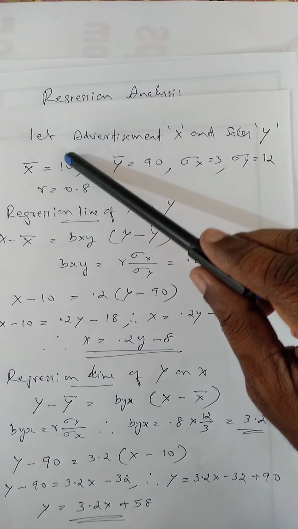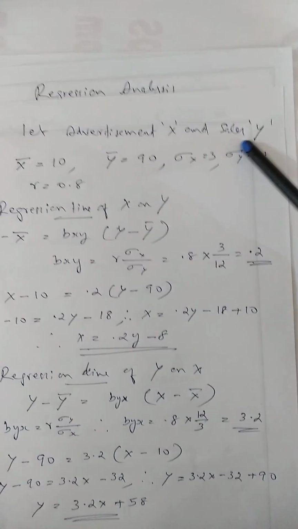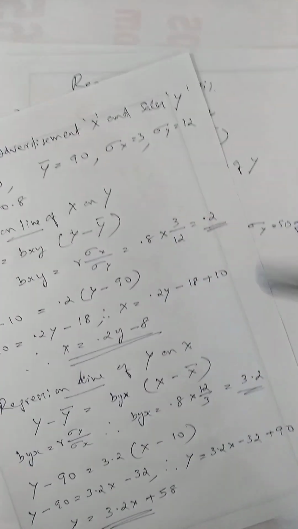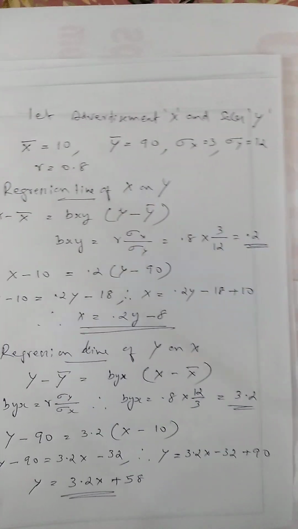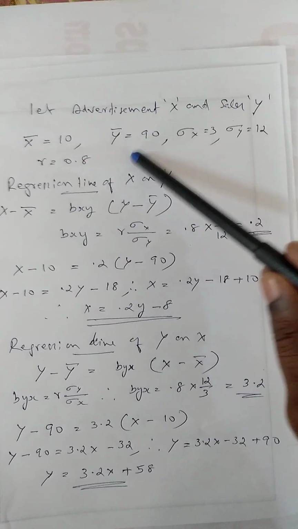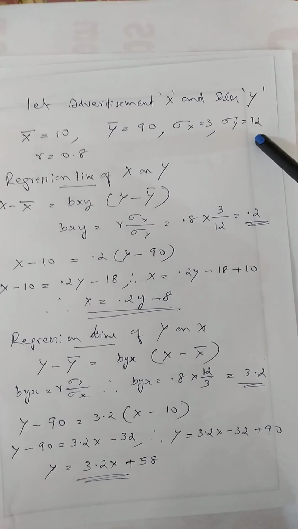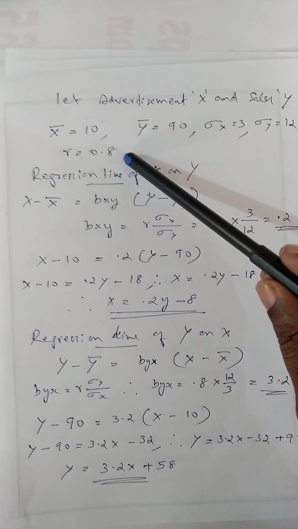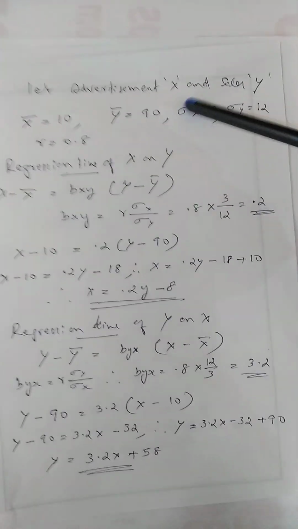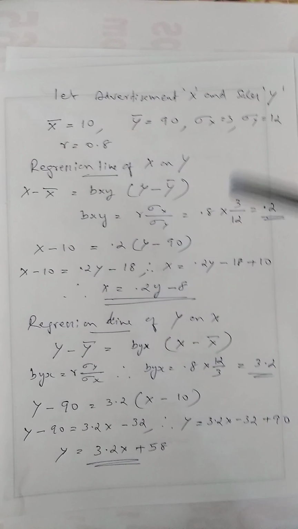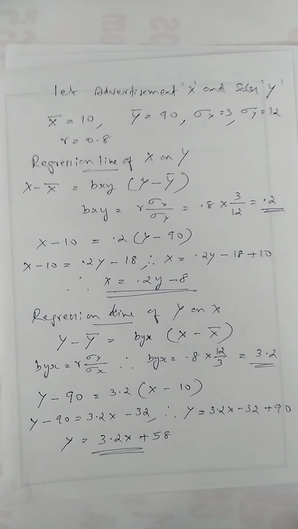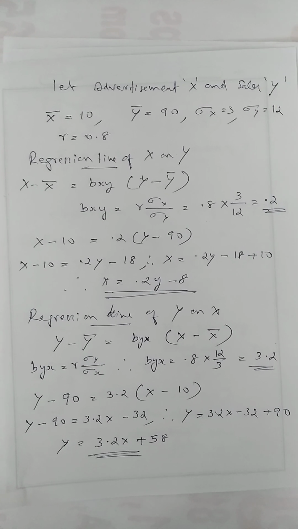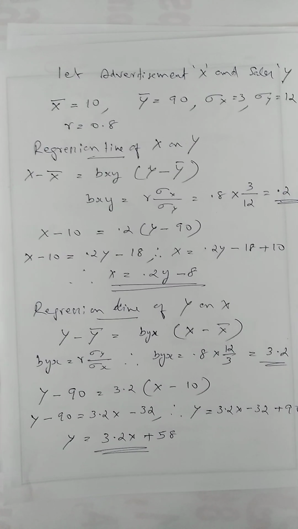This is by considering the advertisement as X and the sales as Y. So all the information required to solve the question is here: mean of X, mean of Y, standard deviation of X, standard deviation of Y, and correlation. Now we solve the question with the help of this by using the formula. I explain this in the next video. So listen to the next video as a continuation of this solution.